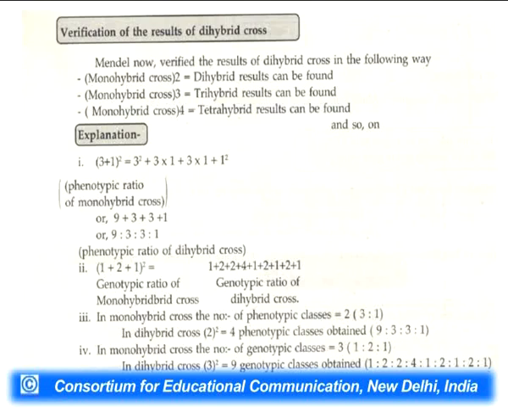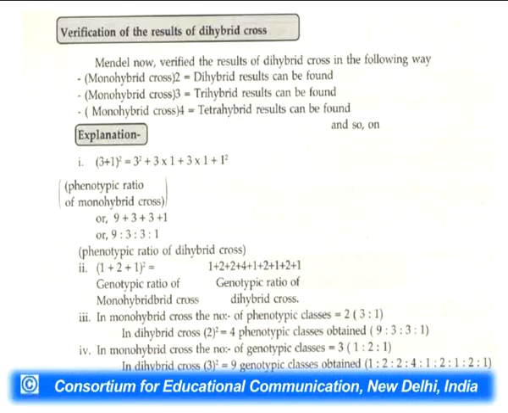This is what Mendel also concluded, because he was too good in statistics. We have discussed that in our first lecture. So, if we have a monohybrid cross and raise it to the power 2, we have a dihybrid result, and to the power of 3 a trihybrid, and tetrahybrid, and so on.